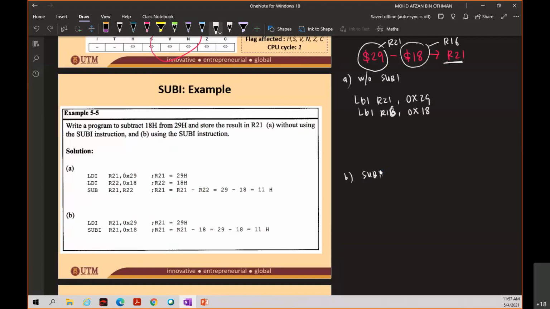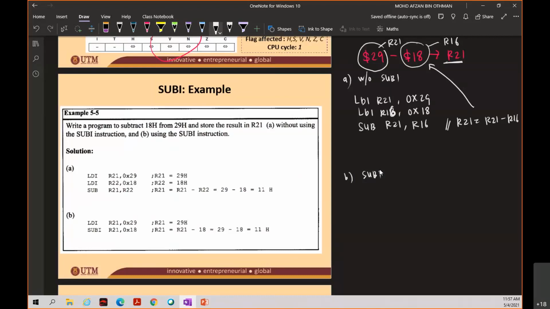Then after that, we use the SUB R21, R16. What happened here? R21 equals R21 minus R16, which is equivalent to 29 minus 18. This is without using the SUBI instruction.